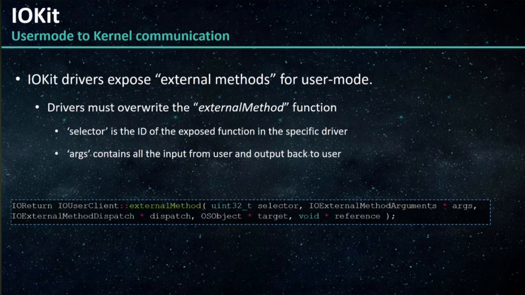It also gets arguments, which is a struct that contains the input buffers and the output buffers from and to the user. Dispatch is the function descriptor, let's call it this way, that will eventually be called. Target is the actual driver, and reference is something that I actually never saw. I never seen any driver using it actually.